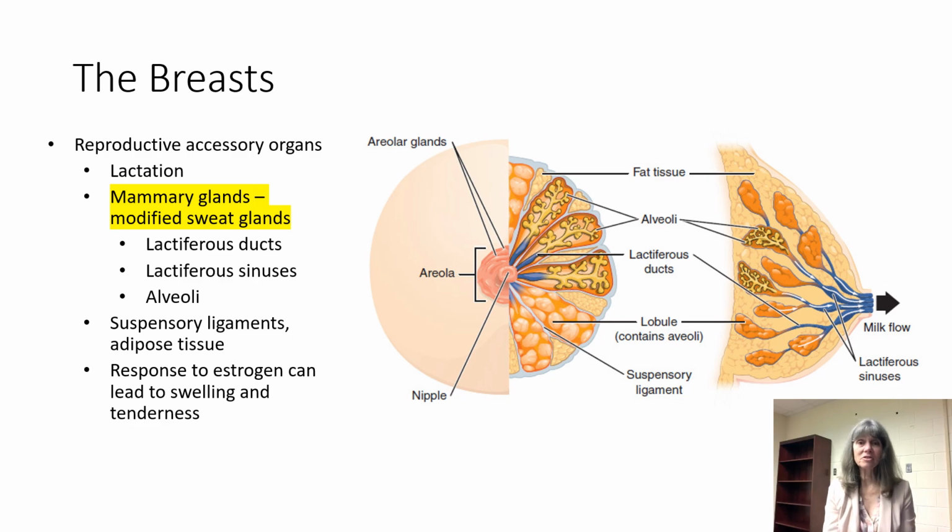And you'll remember there's a spike in estrogen right before ovulation. So that's usually when a woman will notice that her breasts feel more tender and they may be a little bit swollen at that time.